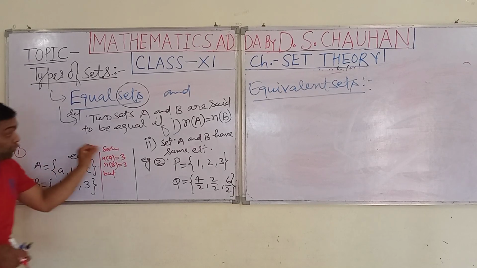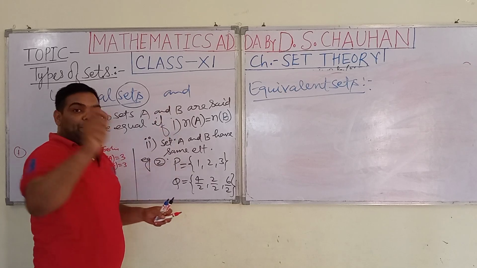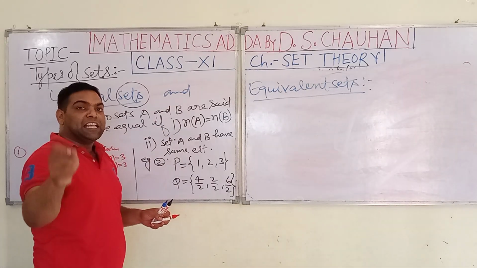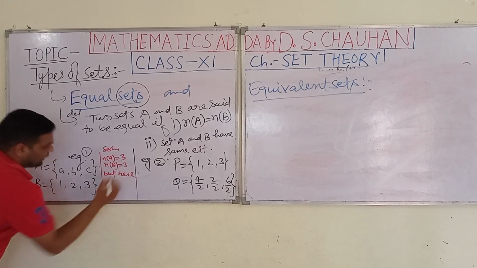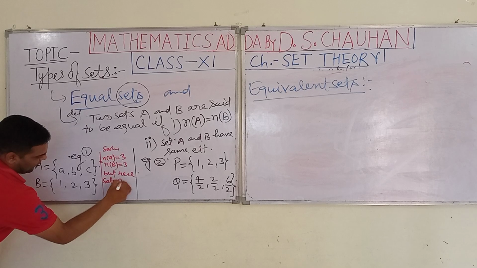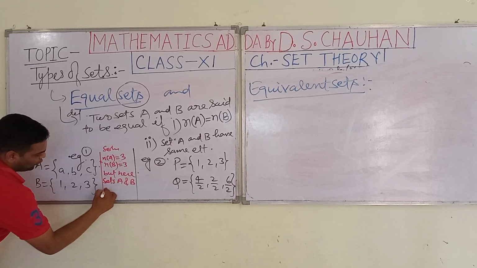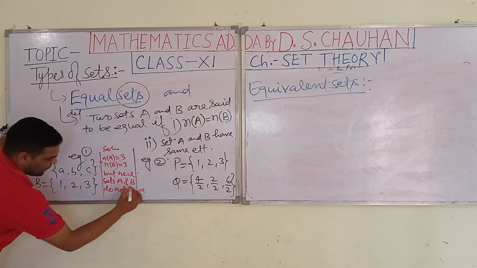But whatever elements set A has, they are not in set B, or vice versa. Whatever elements set B has, they are not in set A. And to become equal sets, both sets must have the same elements as well as the same cardinal number.